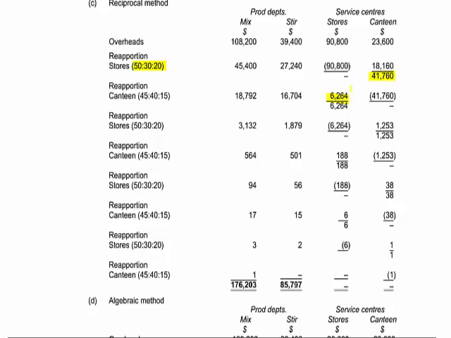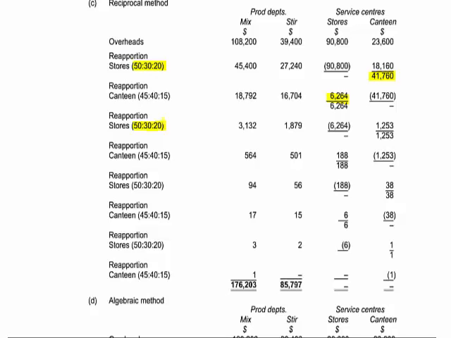So now we've got an amount in the stores department and we have to go through the process all over again and reapportion the stores 50, 30, 20%. And what you'll notice is that each time you do this, the numbers that get left in your service centres are smaller and smaller. And the idea is that you keep going until you end up with no overheads left in the stores department and no overheads left in the canteen.